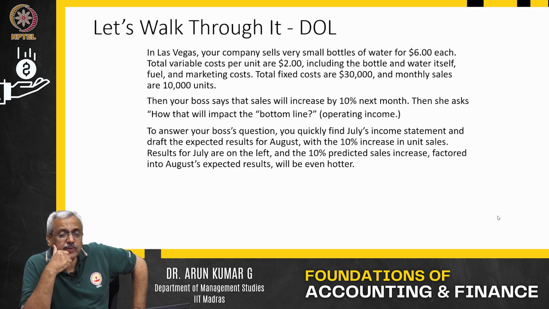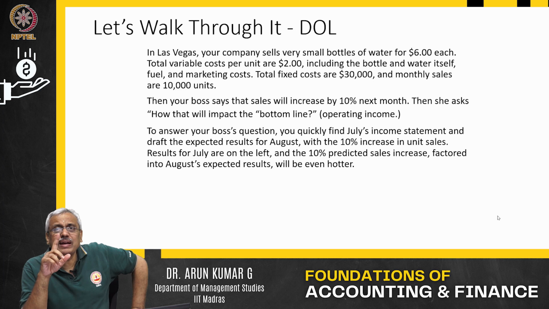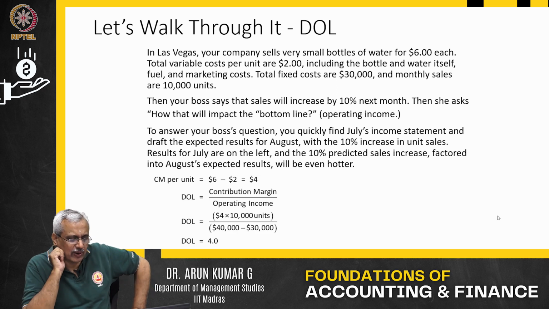The question is, how will it impact the bottom line, or the operating income, when the sales increase? That is what your boss asks you. Now, what will you do? One way is, I am selling 10,000 units, now I will make it 11,000 units, then I will recalculate all the cost. Yes, that can be done, but instead I can just use the operating leverage.